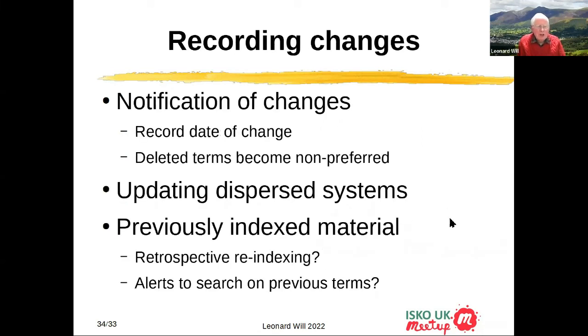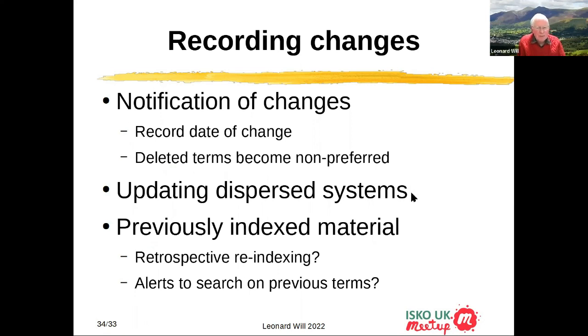You need to make some arrangement for recording changes. If you do maintain the scheme, then you have to record both what's changed and when it was changed, because things will previously have been indexed, and the searching will require either that you go back and re-index things retrospectively, or you tell people for documents indexed before 2019, use the following term, after that use the following different term.